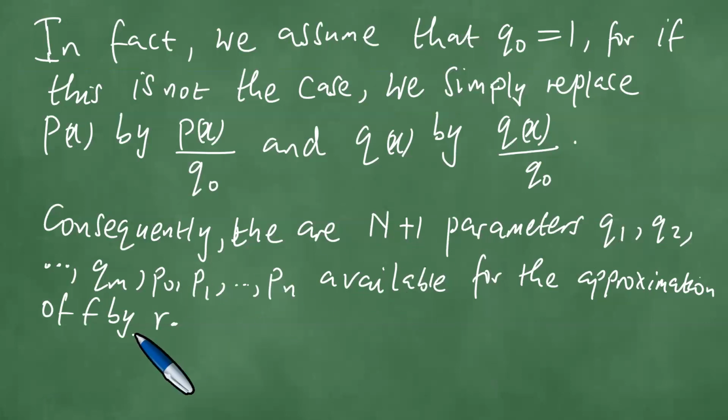Consequently, there are n plus m parameters, namely Q1, Q2, up to Qm, P naught, P1, up to Pn, available for the approximation of f by R.